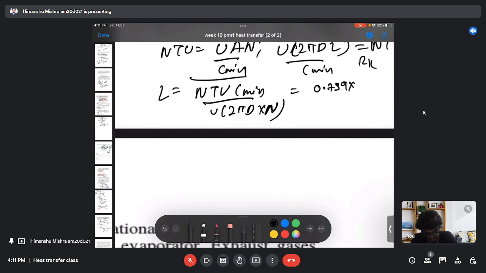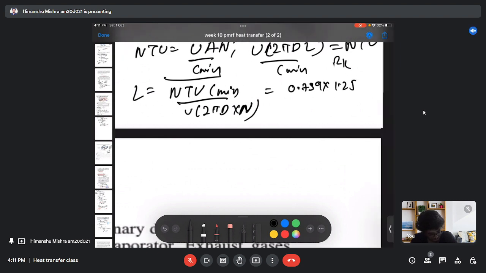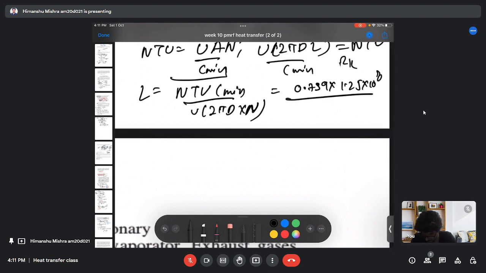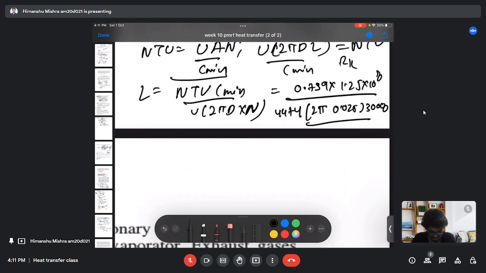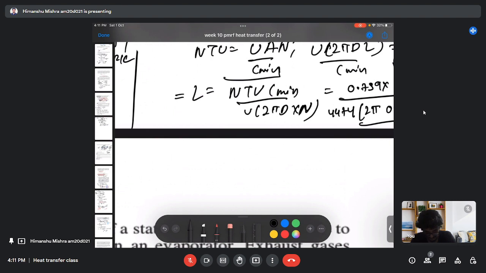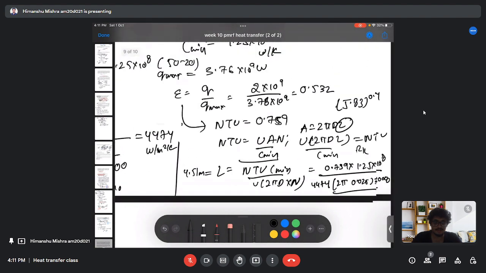This is my heat capacity rate, this is my overall heat transfer coefficient, this is my total number of tubes. Just by solving this, my length would be 4.51 meter.